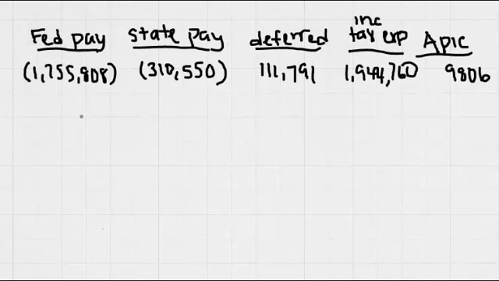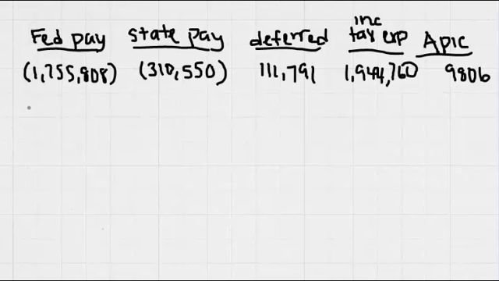So I've pulled the numbers that we had from earlier in the presentation from part 1, maybe summarize them a little bit. So we have our federal payable, our state payable, and then the total deferred, our income tax expense, and then APIC. And so we've just recalculated these amounts, and so I'll summarize them below.